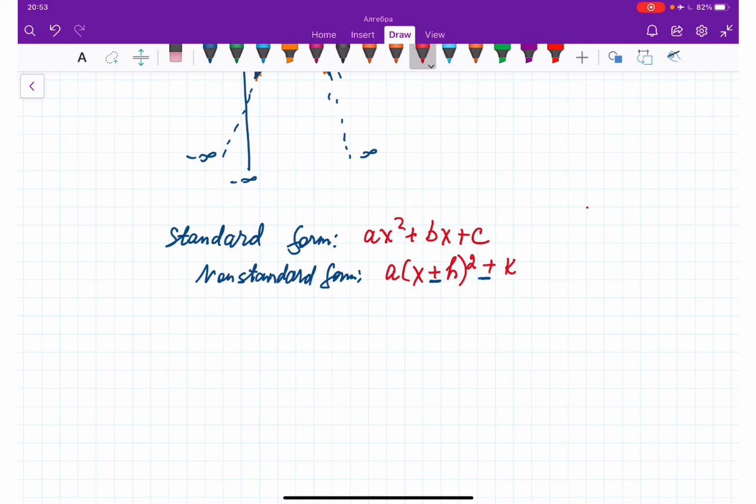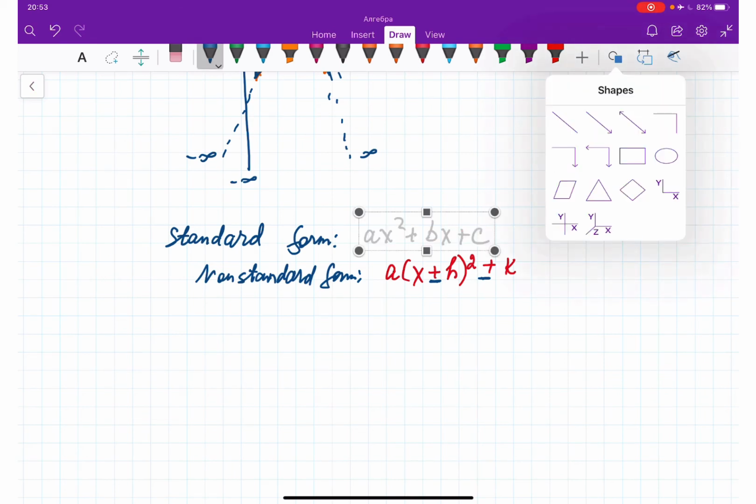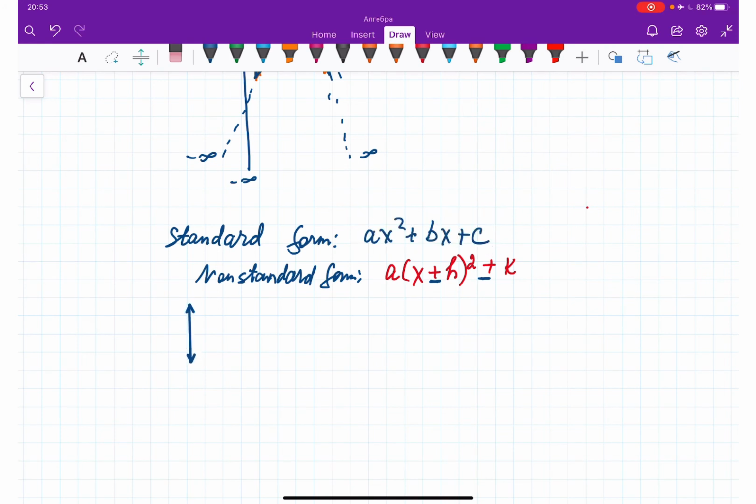About vertex and other properties of x squared. So as we know, the standard form of the graph looks like this.